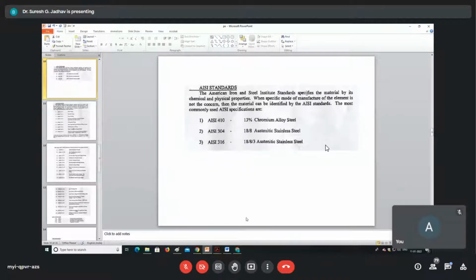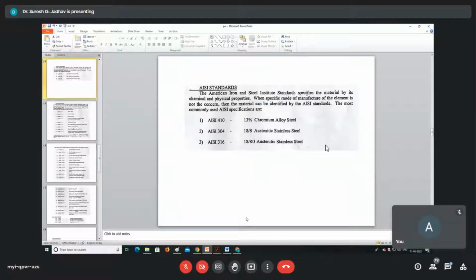So in this case, we can consider AISI 410, that is 13% chromium alloy steel. So here is a combination of 13% chromium alloy steels. In the next code, that is AISI 304, 18/8, that is stainless steel. So you might have learned the terms ferrite and austenite in metallurgy science.